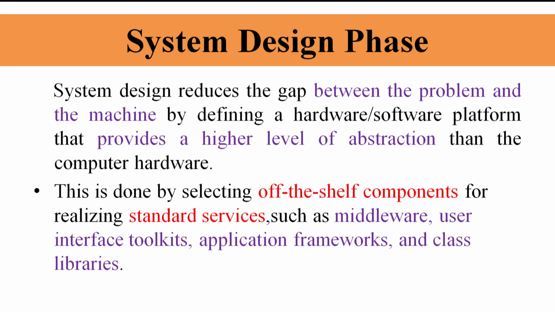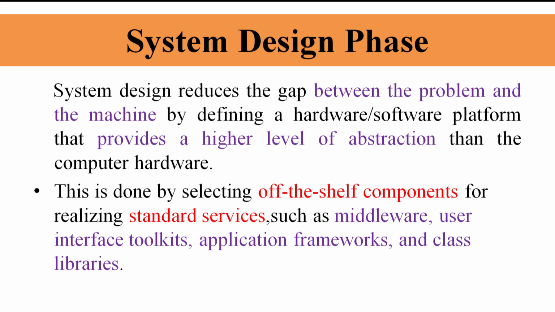This is done by selecting some off-the-shelf components, which are ready-made components that are already available. So there are certain existing components and we are doing something like plug and play. We take that component, plug it into our system and perform the operation.